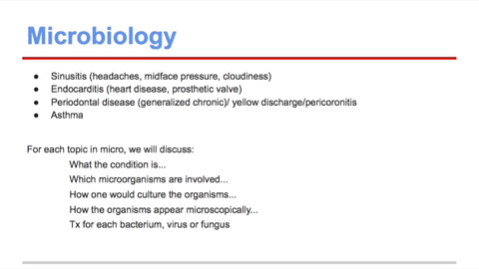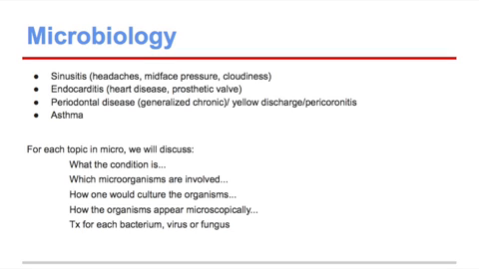Slide 4 discusses the microbiology. Sinusitis, due to the headaches, mid-face pressure, and cloudiness. Endocarditis, due to the heart disease and the prosthetic valve. Periodontal disease, which would be generalized chronic, due to the yellow discharge and pericarditis.